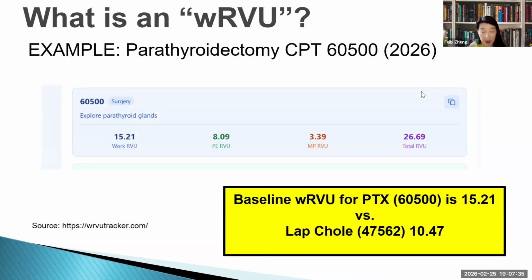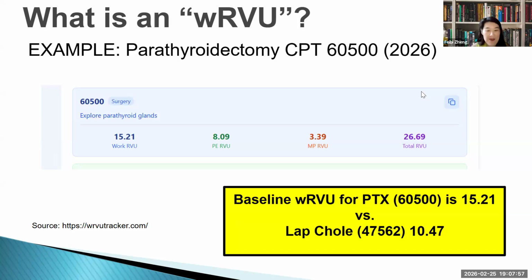And so where do you go if you want to categorize all of your work RVUs and actually count up your work RVUs? This is just one website that you can go to. There are lots of tools online. You could put in the CPT code, which is that 5-digit procedure code, and it will give you a work RVU number.